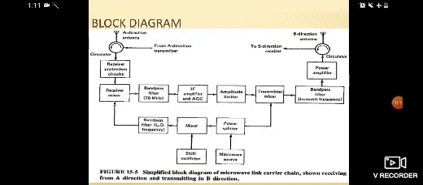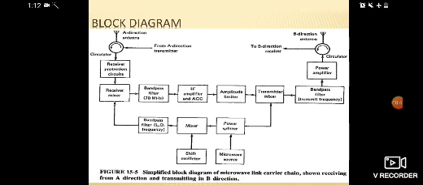The next one is, when we have the microwave link, what is the block diagram of a microwave link? In this, the main blocks are antenna, circulator, receiver protection circuit, receiver mixer, band pass filter, IF amplifier and AGC, automatic gain control, amplitude limiter, transmitter mixer, band pass filter, high power amplifier, and microwave source.